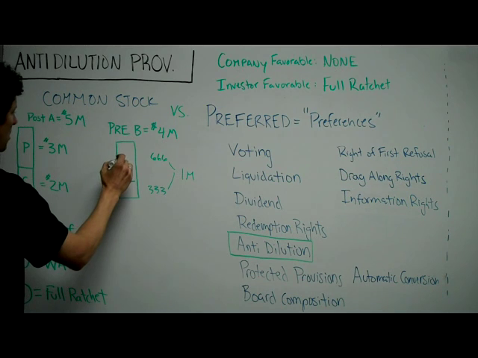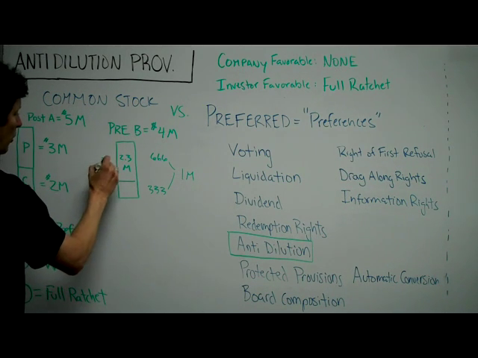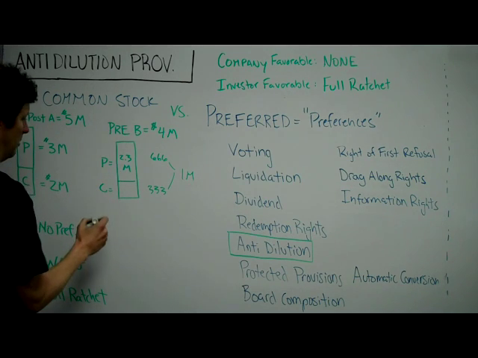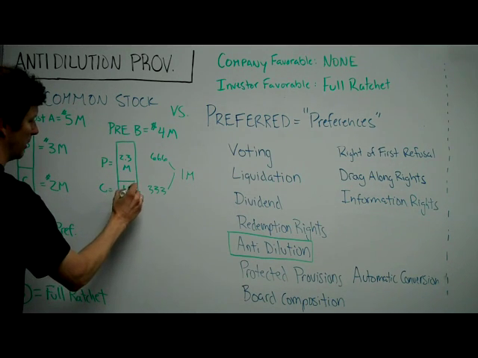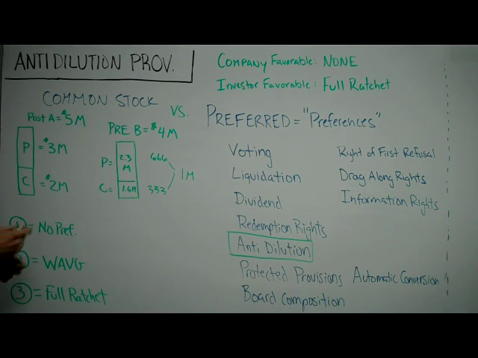So these guys are going to be roughly $2.3 million for preferred, and common is going to be roughly $1.6 million. Okay, so they've shared the dilution proportional to their percentage of ownership. That's a pretty simple version. That's if there's no anti-dilution provision.